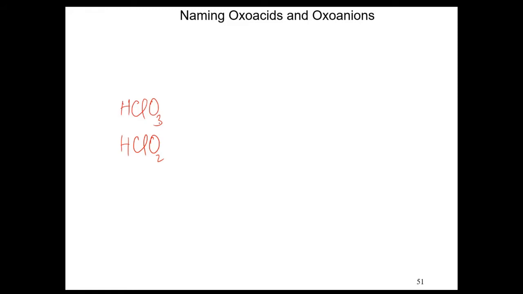If 3 oxygen, then you will end with IC acid. It is chloric acid. Why chlor? Cl. Now, if 2, it is chlorous acid. So, it is ic acid. It is ous acid.